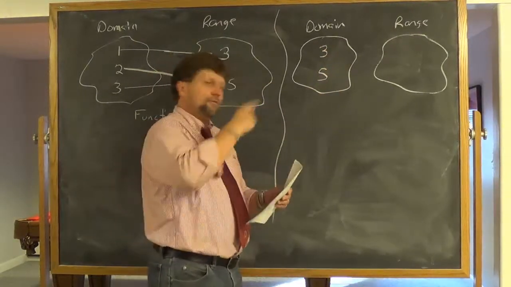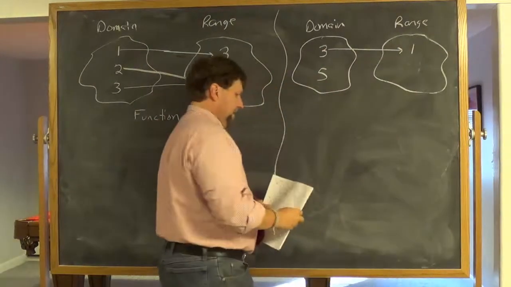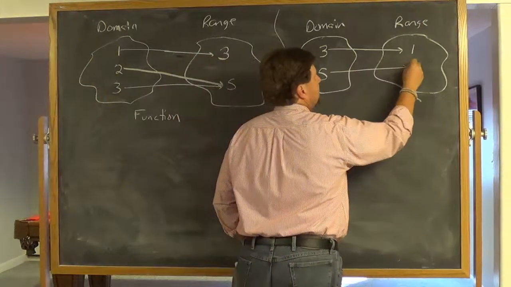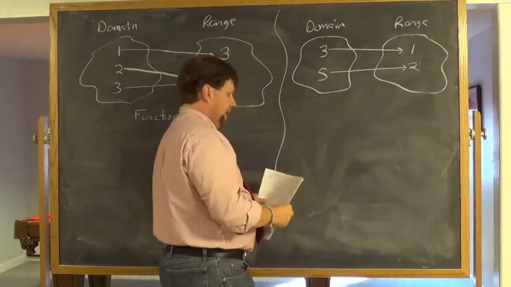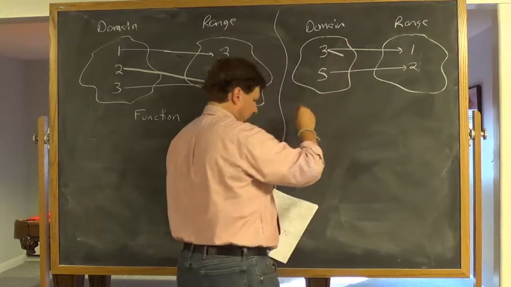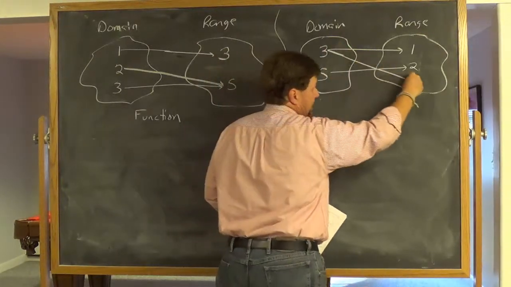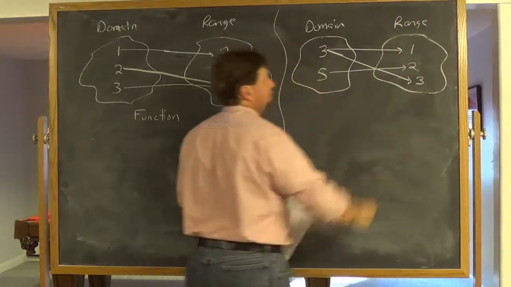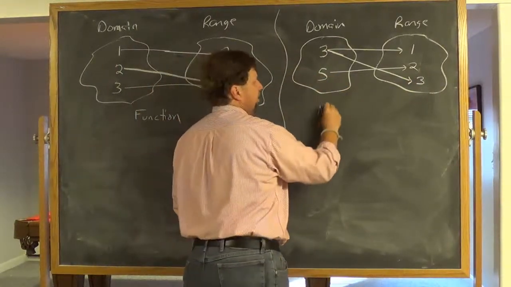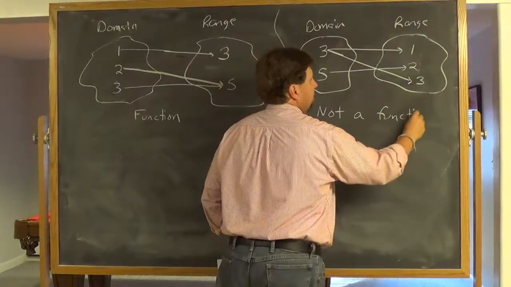Let's say you saw 3 being sent over to the number 1, and 5 being sent to the number 2. And you also saw 3 from the domain being sent to the number 3. This schematic represents something that is not a function.